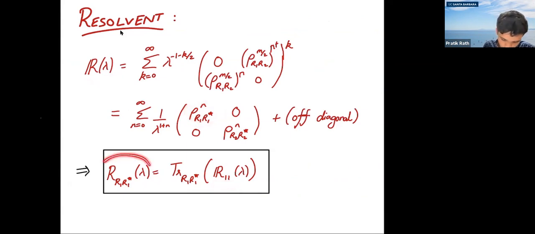This object is now the same as the resolvent we had before: the generating function of trace rho R1, R1 star to the n. Once we have this component of the resolvent, we can do the same thing again and get the spectrum. So it has the same relationship to the entanglement entropy calculation as the usual resolvent. Okay.